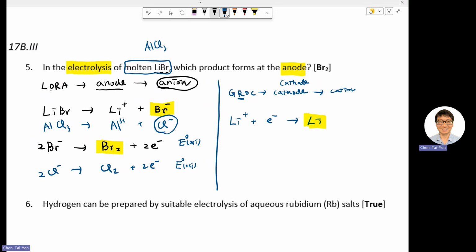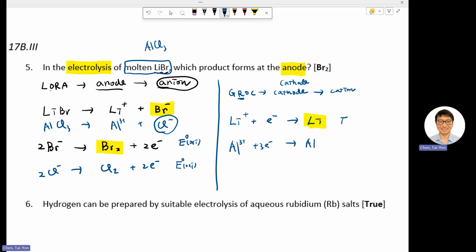And for your cathode, you should consider Al3+ gaining 3 electrons to become Al solid.